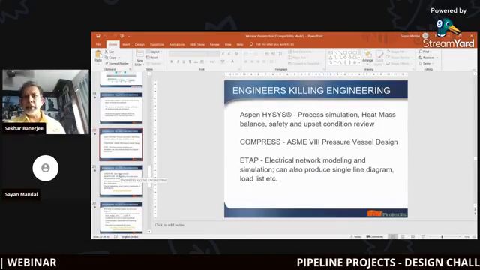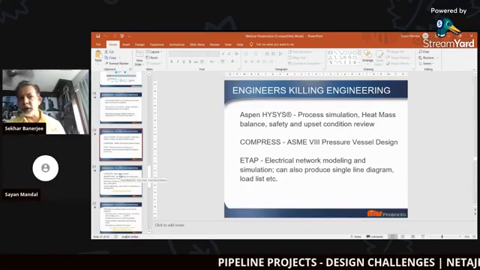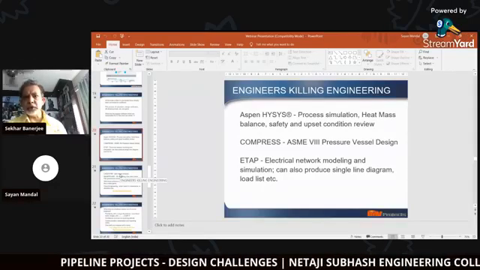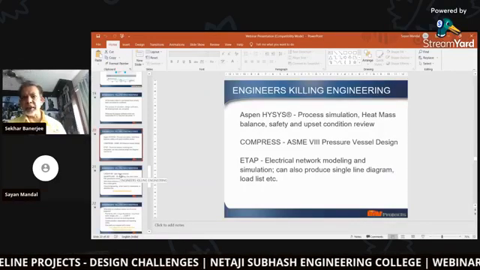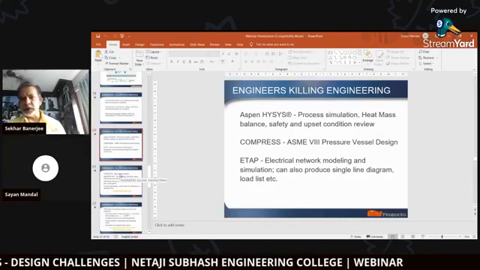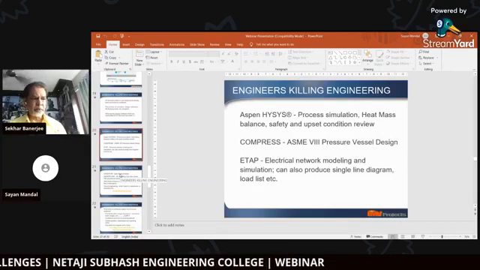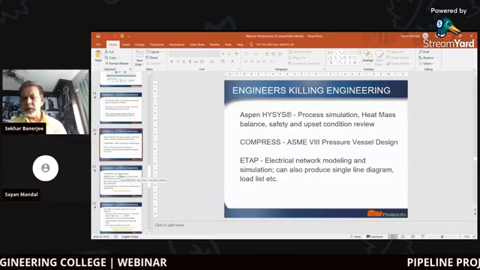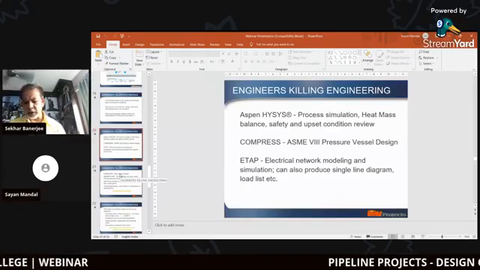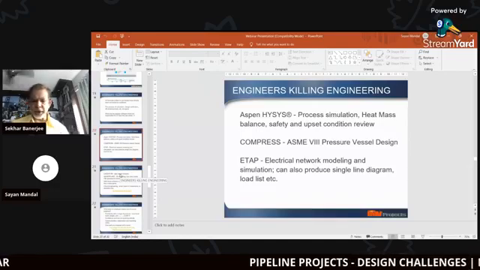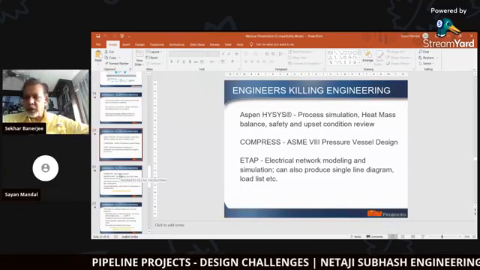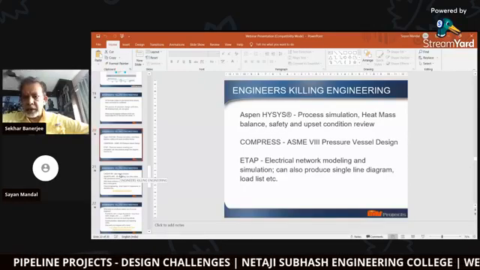Honestly, if you are designing a chemical process unit, like a refinery, you put in the whole composition of the fluid which is going in, and you tell it what you would like to take out from, say, a hydrocracker.